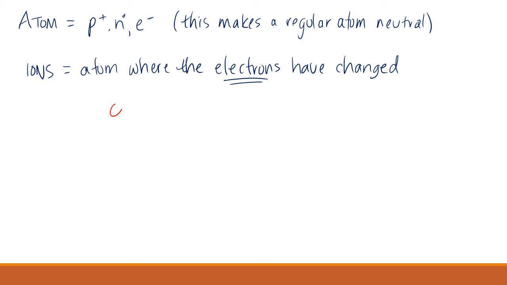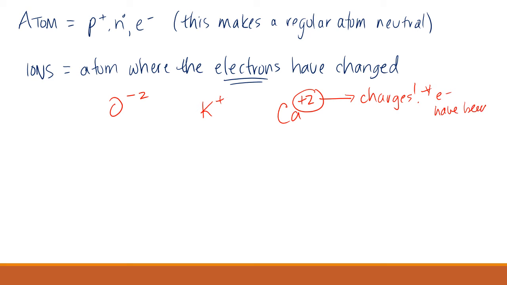So we might see something like oxygen -2, or maybe we'll see potassium with a +1, or calcium with a +2, right? They're always written on the right side. These are the charges. This is your big red flag that means electrons have been changed. So that's how you know that you're dealing with an ion.